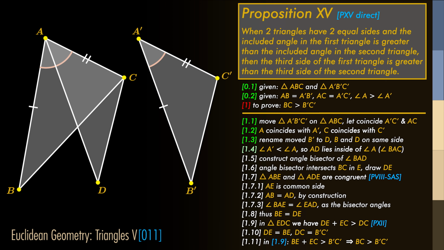As angle A' is smaller than angle A, AD, which is the moved segment A'B', lies inside of the angle BAC.